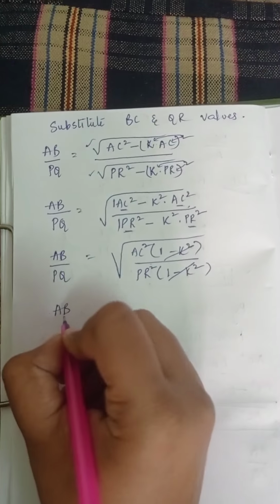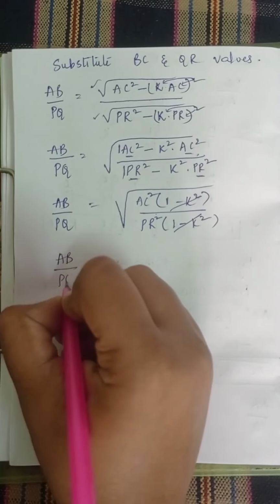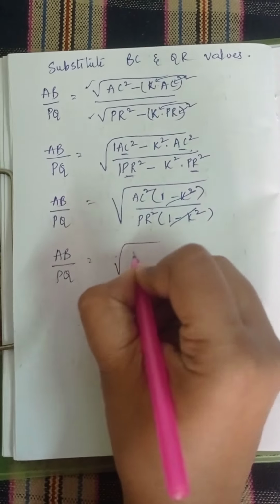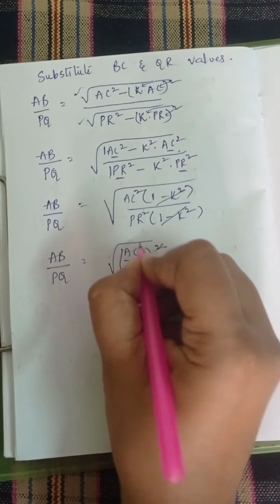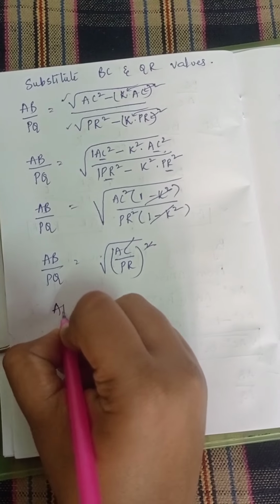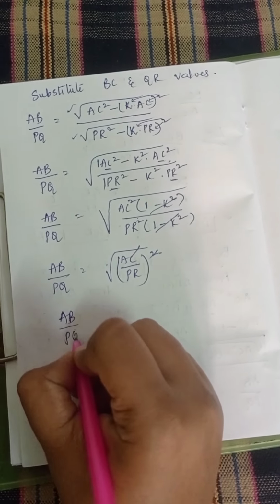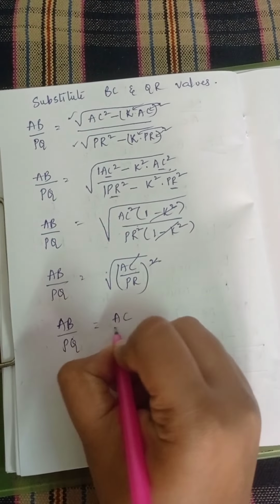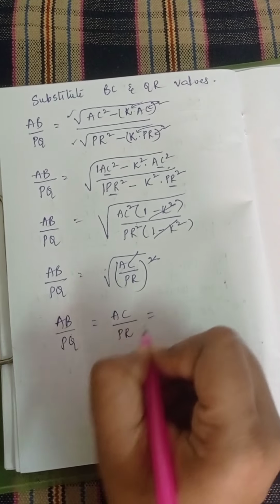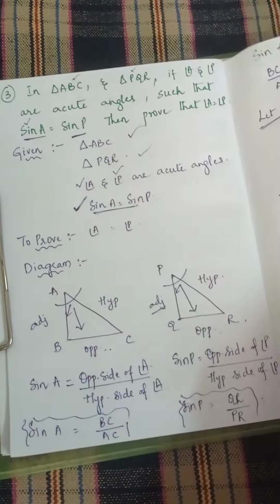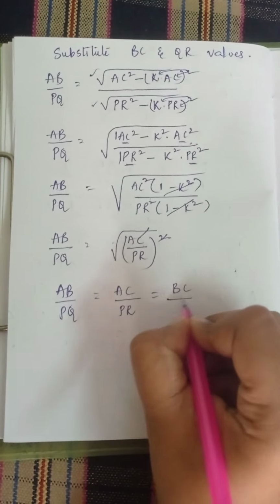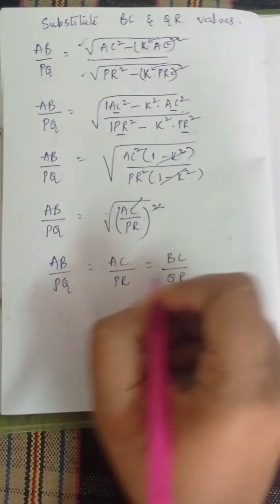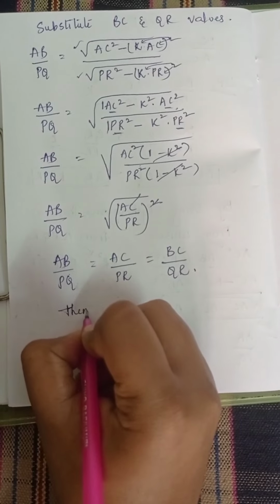Now AB by PQ is equal to root of AC by PR whole square, and square and square root get cancelled. Now AB by PQ is equal to AC by PR, which is equal to BC by QR. You can check it out.